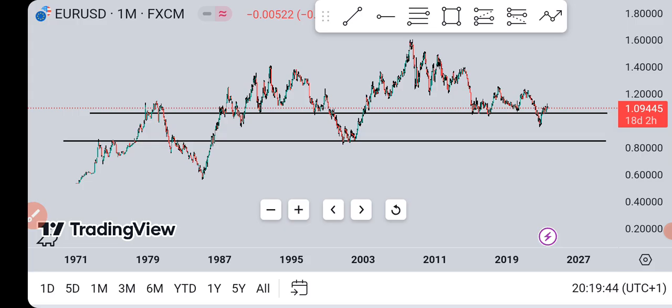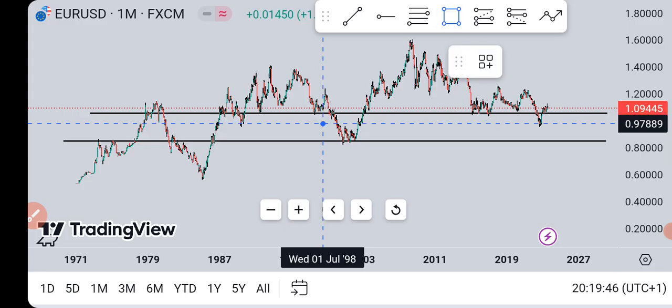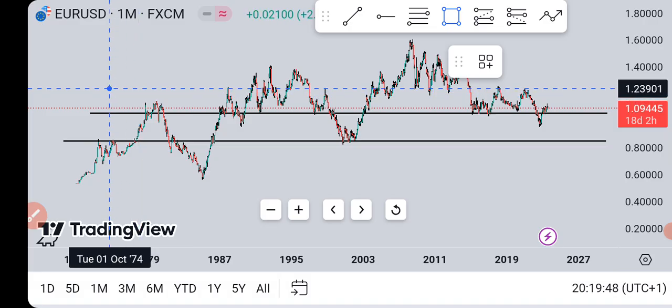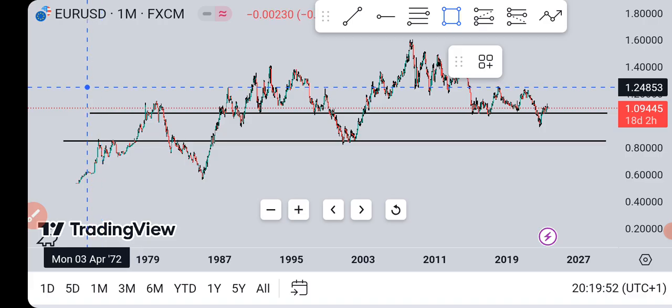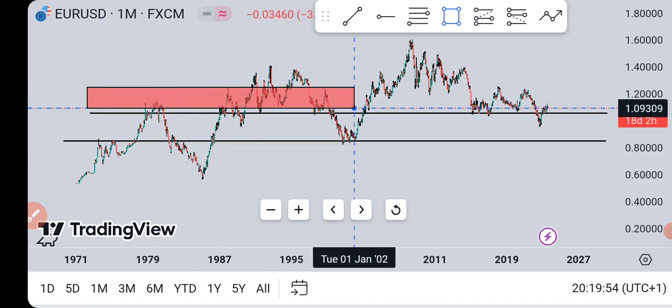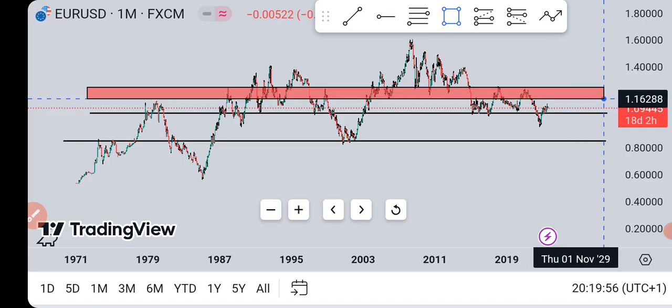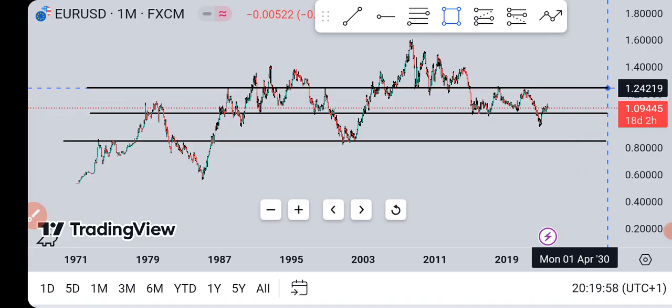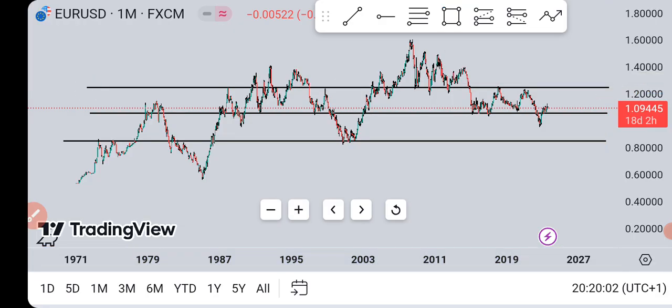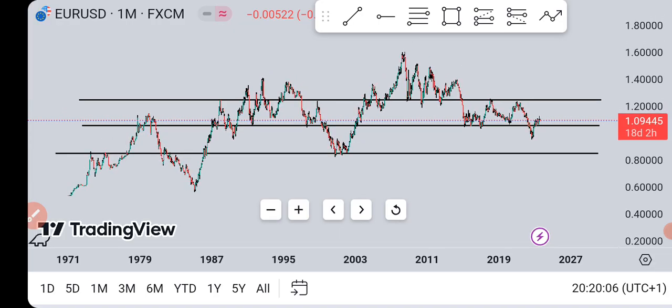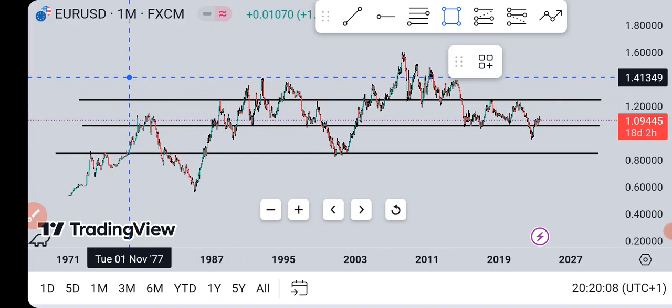Then I also have another monthly zone, which is this one right here. Yeah, so this is my monthly zone. Once I identify my monthly zones, I still have another monthly zone here.